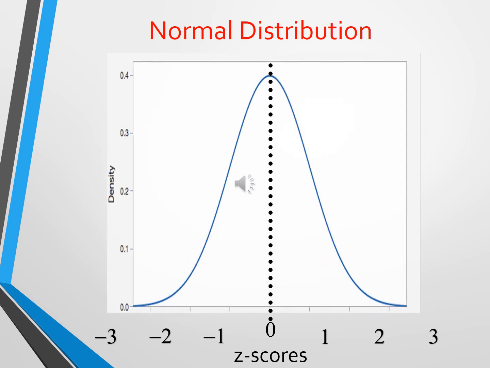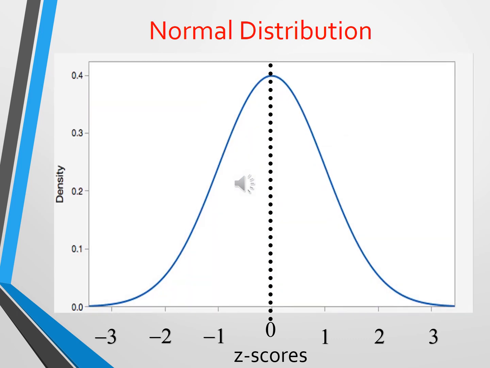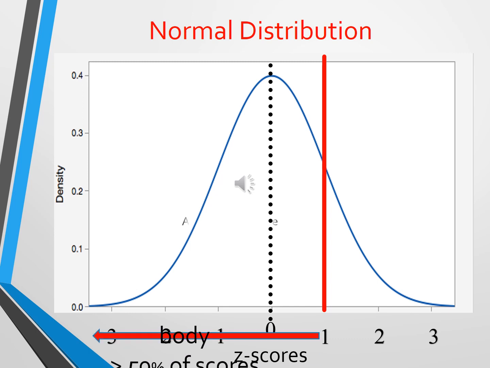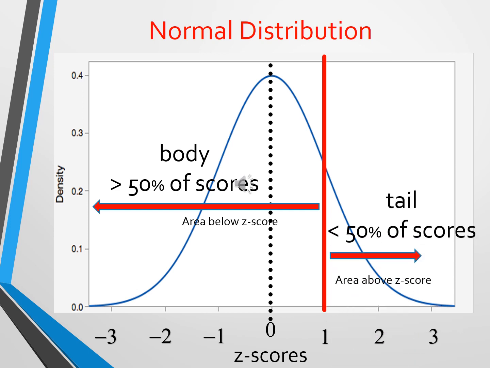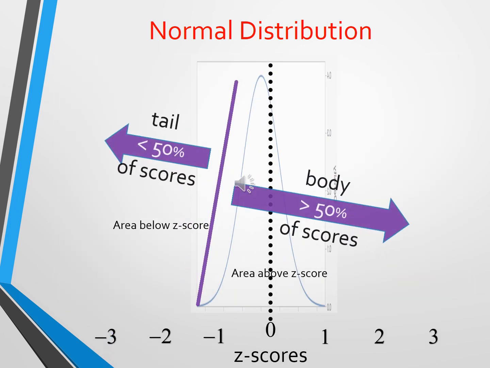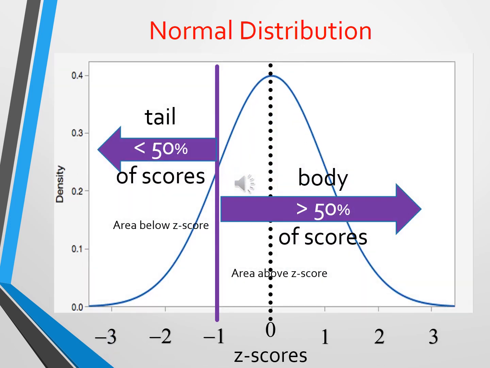We also know that for a z-score, let's say a z-score of 1, the distribution is now divided into a body portion, the larger portion of the distribution, the part with more than half the scores, and a tail portion, the smaller portion of the distribution, the part with fewer than half the scores. And we know that the tail can be on either side of the distribution. It is always, however, the smallest portion of the distribution, and the body is always the largest portion of the distribution.